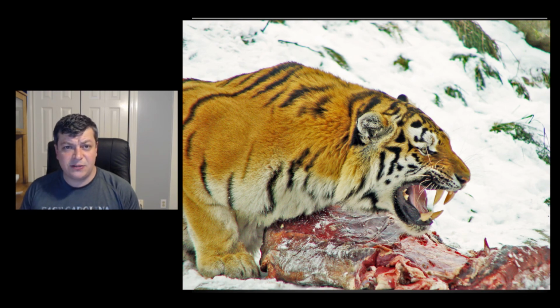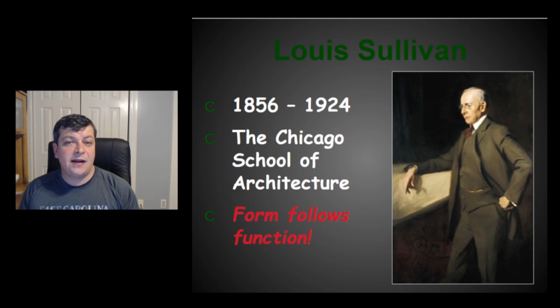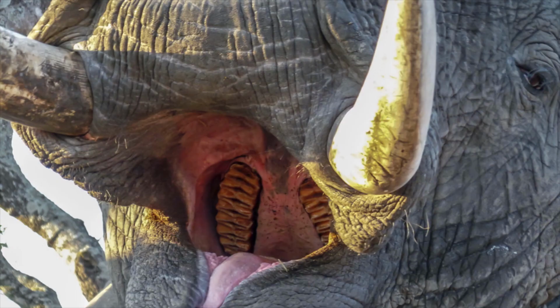Or a T-Rex with those sharp teeth that are able to tear at meat, right? But then if you look at an animal that eats plant-based foods, maybe like an elephant, often they have these flat teeth that are made for grinding material.